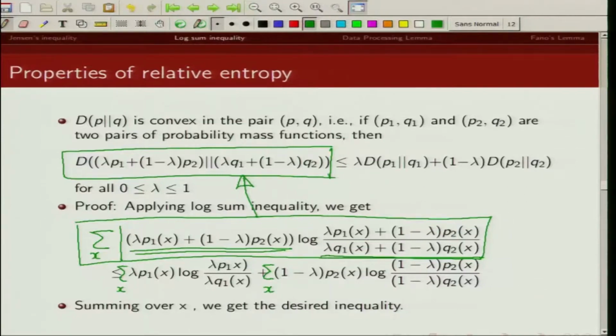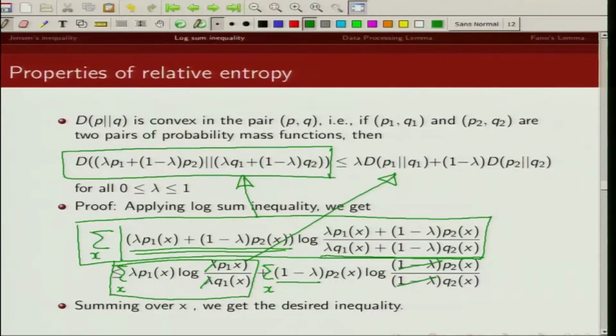What about this? This is lambda p1x log of, this lambda cancels out. So this is lambda times p1x log p1x by q1x, sum over x. This quantity is nothing but lambda times divergence between p1 and q1. What about the second quantity? It is 1 minus lambda times p2x log of, this 1 minus lambda cancels out, p2x by q2x, summation over x.